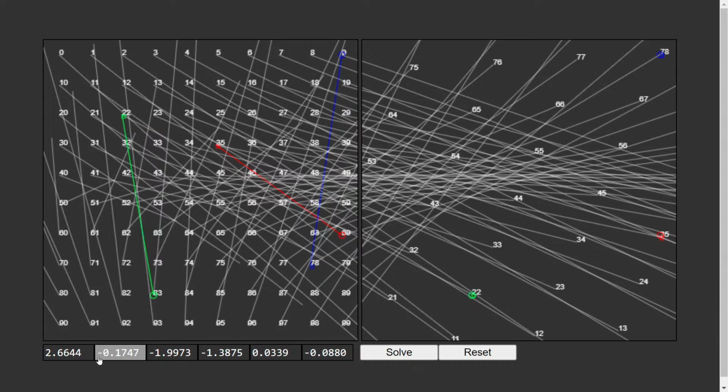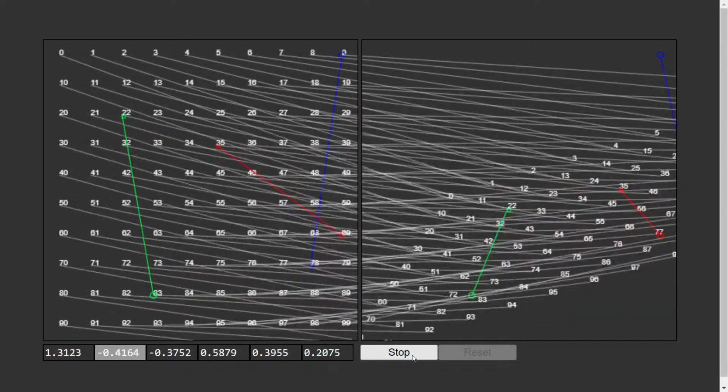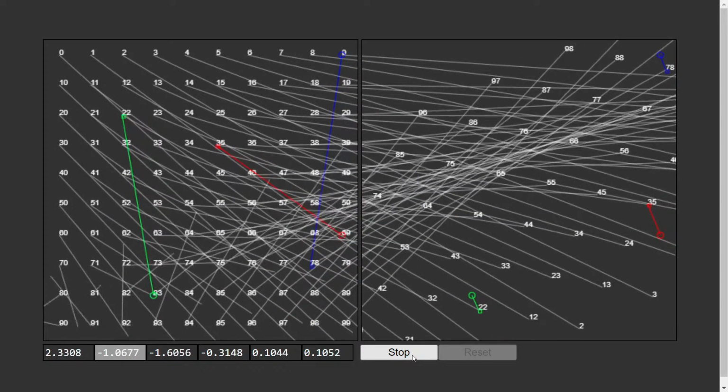But okay, we can look at the weights here. That's a good idea. Let's look at the weights. The biases don't really move, it would appear. So this is the same training set, and we're going to let Adam solve from this state, and then we'll look at the weights.